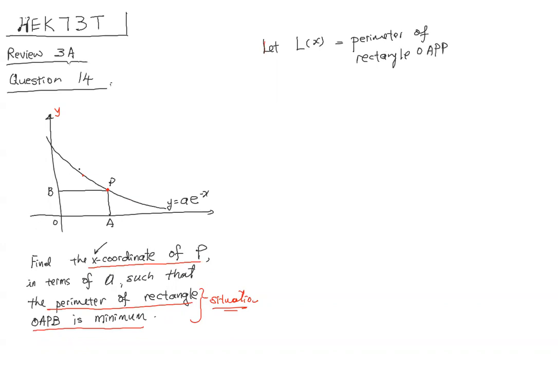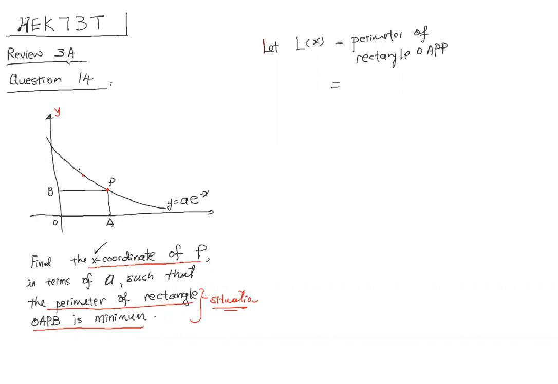So now you write down your variable of interest. If I'm interested in the perimeter of rectangle OAPB, I have to know how to find the perimeter of a rectangle, am I right? Okay, so how to find the perimeter of a rectangle? Siti Hajar?